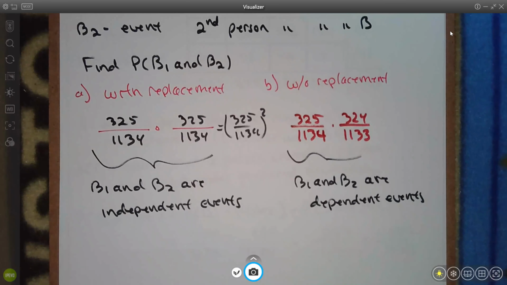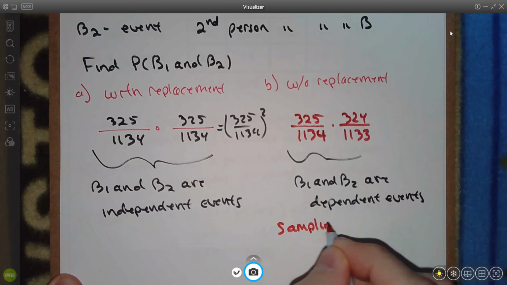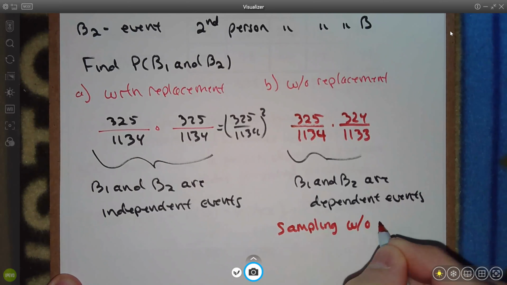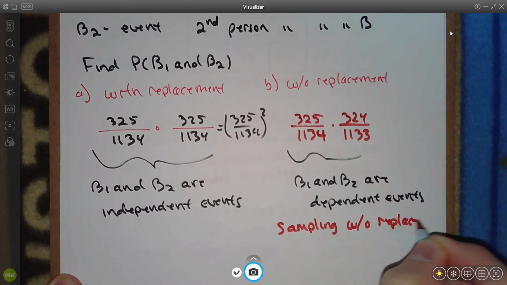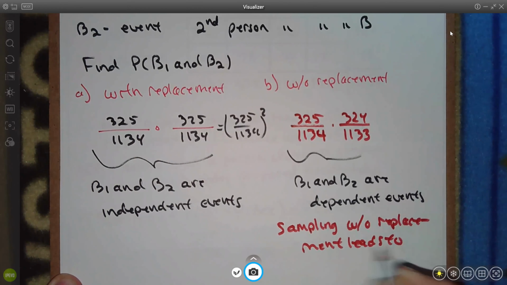And the reason we have dependent and independent is because of the method of sampling that we chose. Sampling with replacement leads to independent events. Sampling without replacement leads to dependent events.